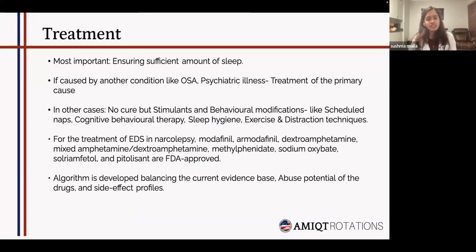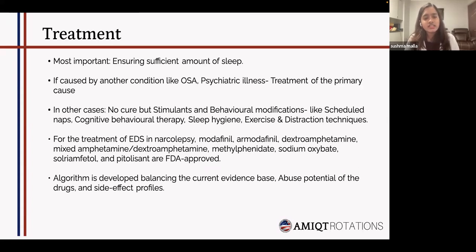Coming to the treatment, the most important part to understand is to ensure a sufficient amount of sleep. If it is caused by another condition like obstructive sleep apnea or psychiatric illness, then we treat the psychiatric illness better, or we give a CPAP machine.